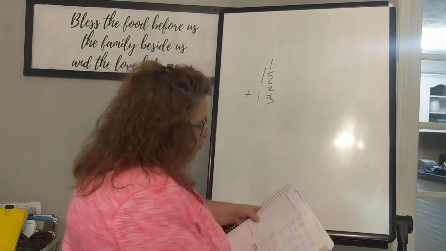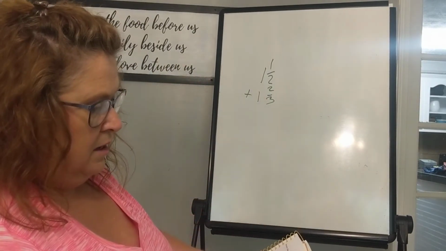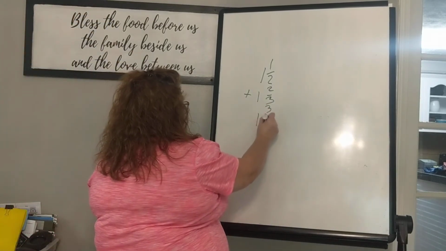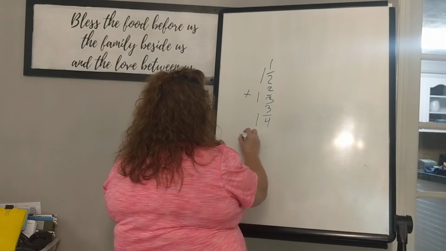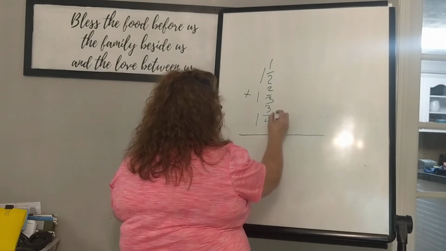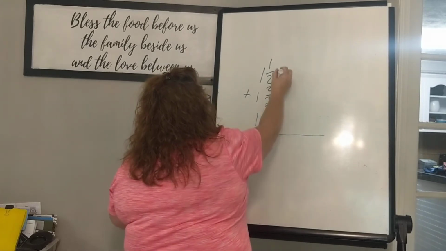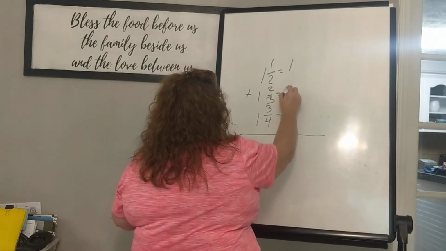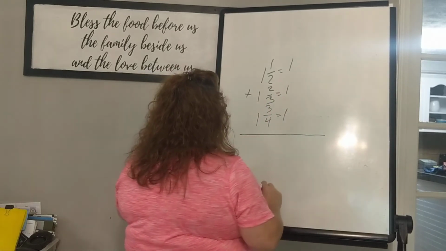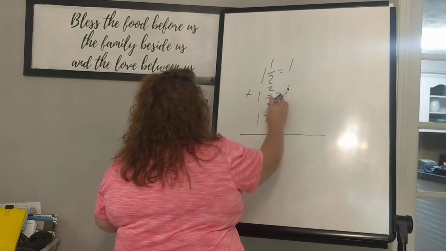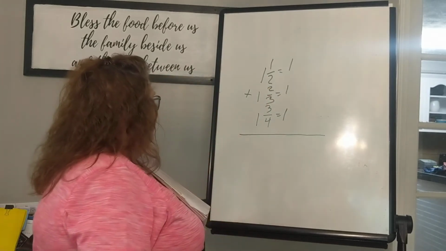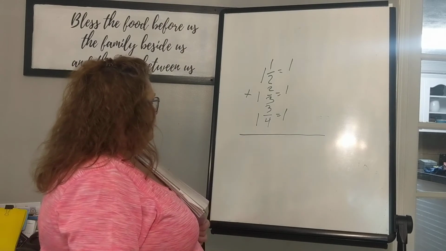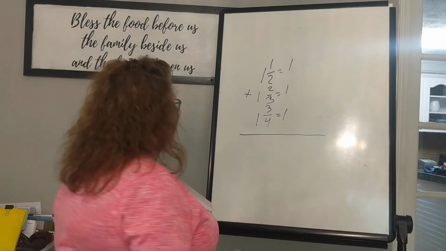And 1 3/4. All right, so we are ready to bring our whole numbers over and set up to make equivalent fractions, because in order to add these, we have to have common denominators. So our denominators are 2, 3, and 4. What is our least common denominator, our least common multiple here? It is 12.